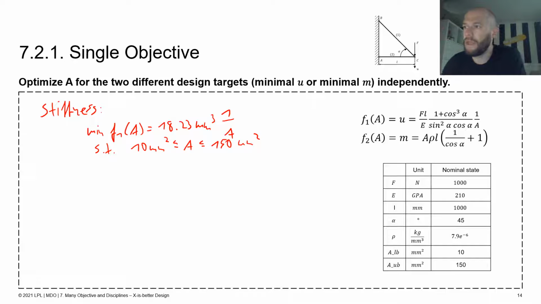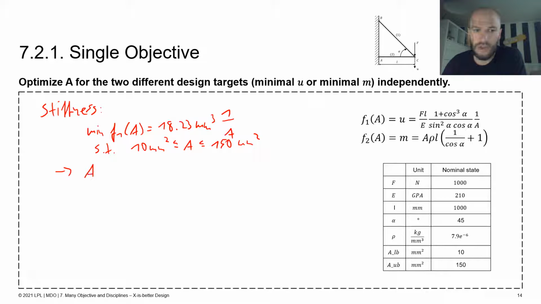And this problem can be solved by just looking at it, because we want to minimize the displacement or maximize the stiffness, and that's pretty straightforward. We have to go to the upper bound of the input design space.